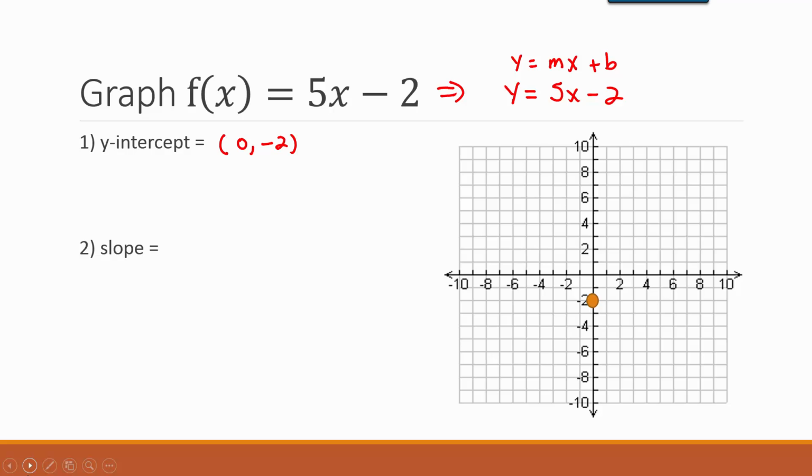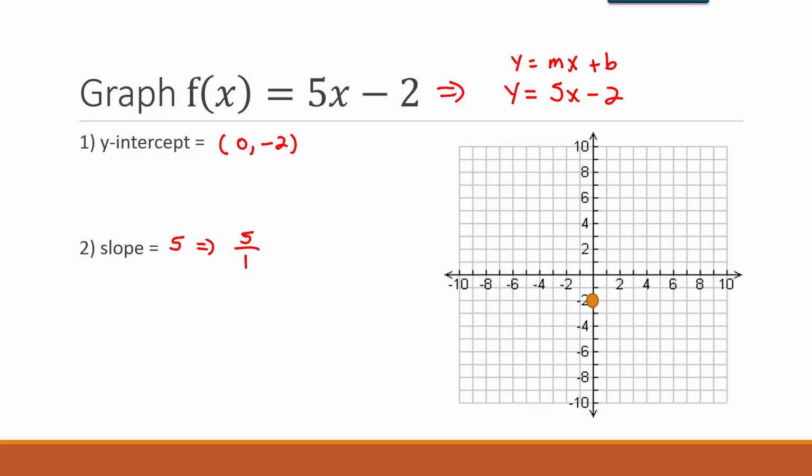Now my next step is to identify and use the slope to get to another point on that line. So my slope is 5. For graphing purposes, we're going to write that in fraction form. If it's not in fraction form, we would place it over 1 because we want rise over run.